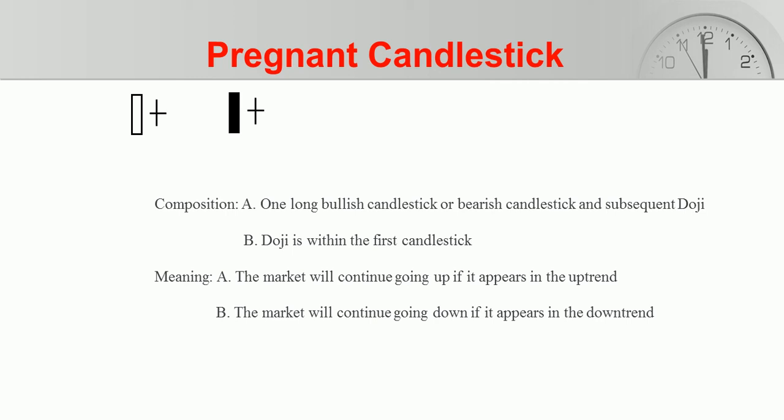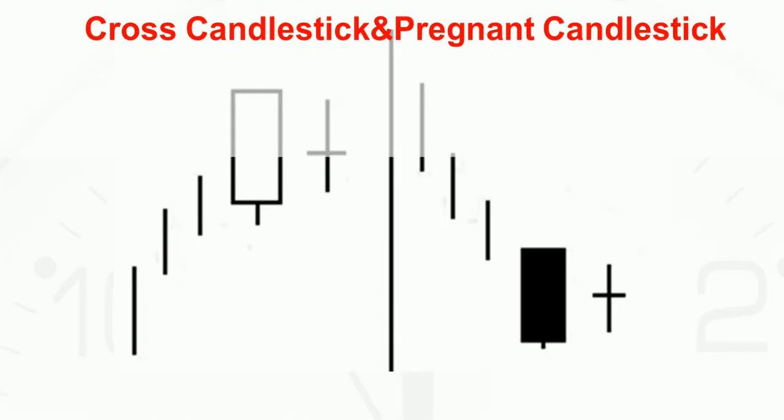The market will continue going up if it appears in the uptrend. So if you see it appear in the uptrend, the price will continue to go up. The market will continue to go down if this one appears in the downtrend. So the downtrend will continue. This is the pregnant candlestick. So let's see this one. The price goes up, then we can see here it appears in the uptrend.